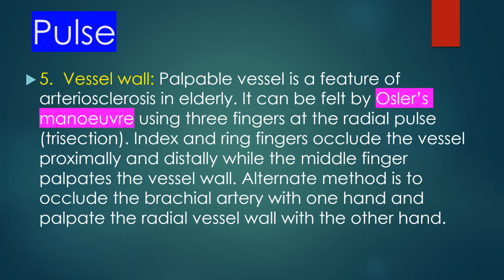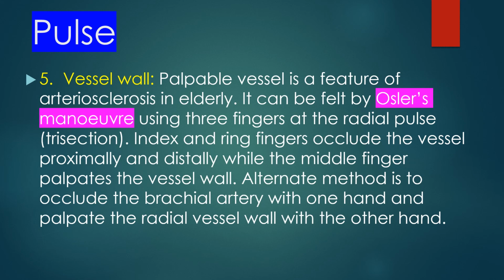5. Vessel wall. Palpable vessel wall is a feature of arteriosclerosis in the elderly. It can be felt by Osler's maneuver using 3 fingers at the radial pulse, known as trisection. Index and ring fingers occlude the vessel proximally and distally, while the middle finger palpates the vessel wall.